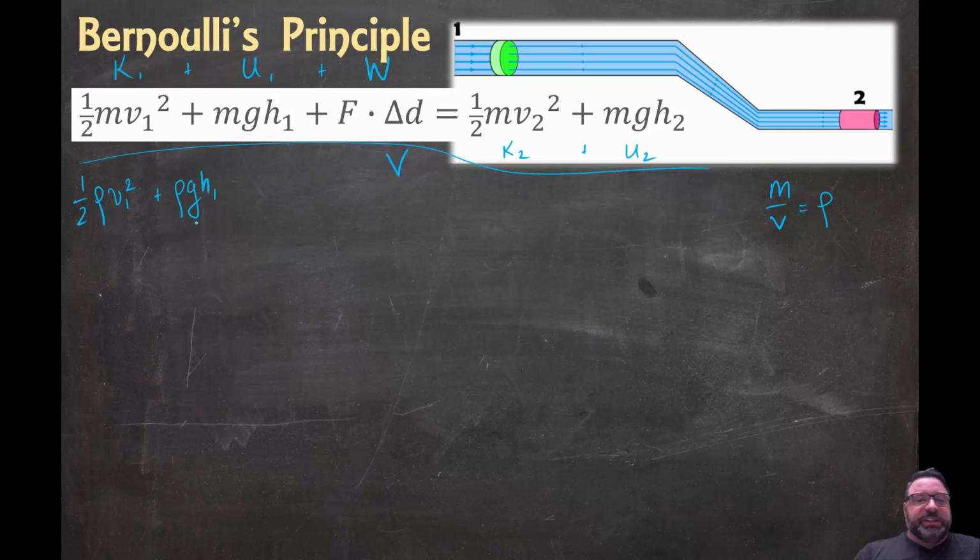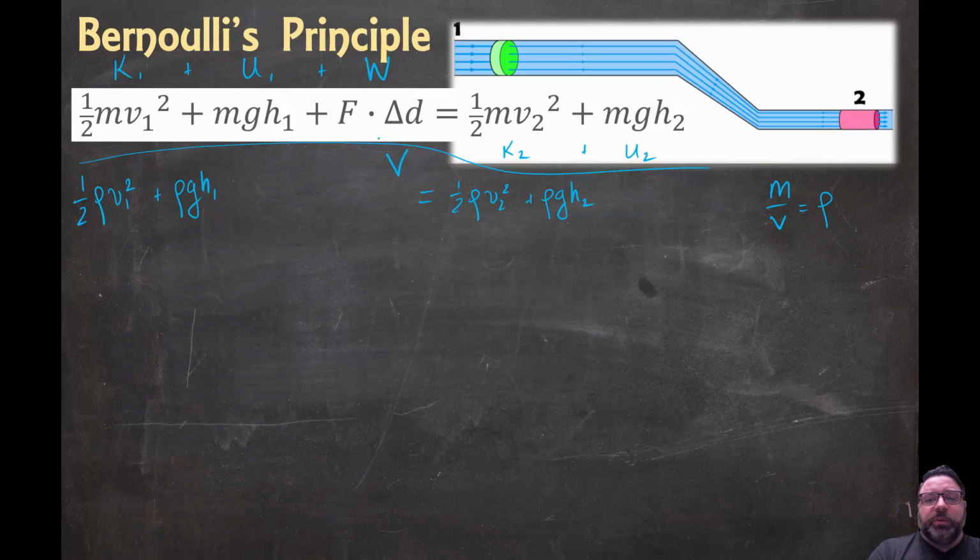I believe some equation sheets and books use y. Well, we'll get back to the work in a second. That's going to equal 1/2 times the density times the velocity at point 2 squared plus the density times g times h at point 2. That's nice because when we deal with fluids, we like using densities rather than masses. That helps us out a lot.